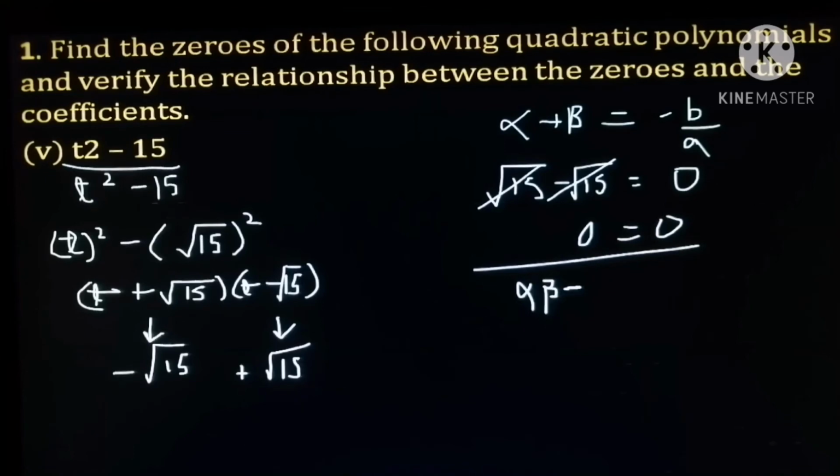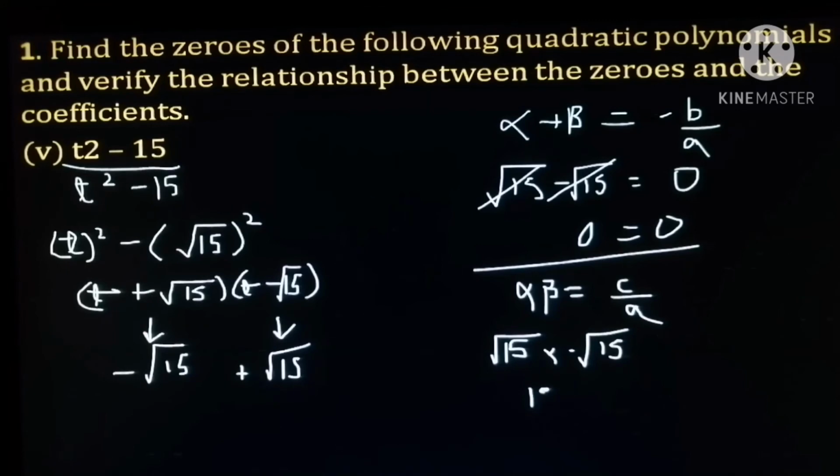Alpha beta should be equal to c upon a. Alpha here is root 15 into negative root 15. So root 15 into root 15 will give you 15, because anything under root multiplied into the same number under root will give you the number itself.